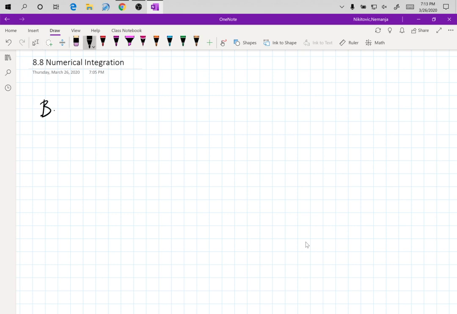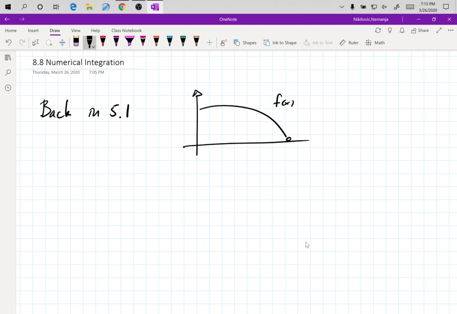So back in 5.1, which is Calc 1, we learned that if we have some kind of a curve f of x between a and b, we can divide into rectangles and then use left sum or the right sum to calculate.